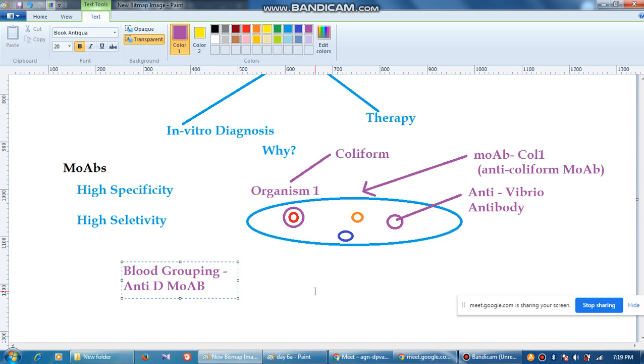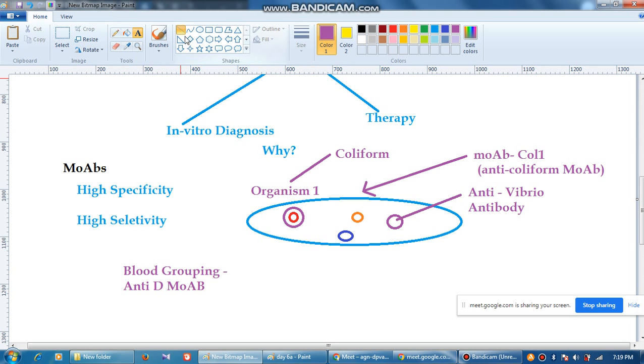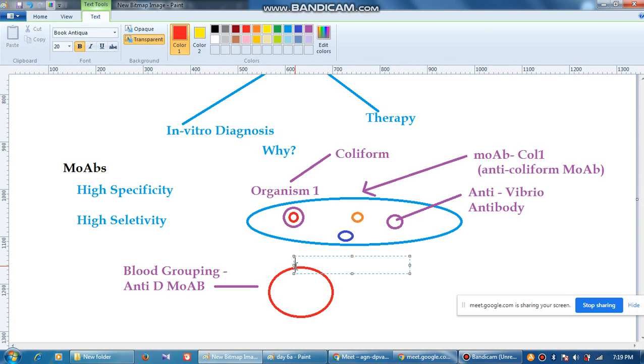It will only identify a particular antigen which is known as RH. Now if RH is present on this particular RBC, now this is the RH antigen.